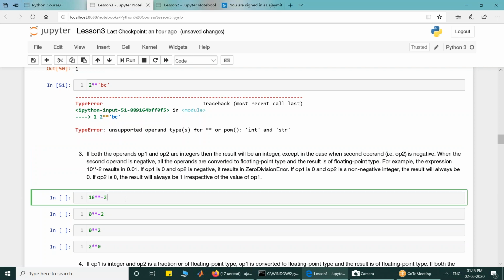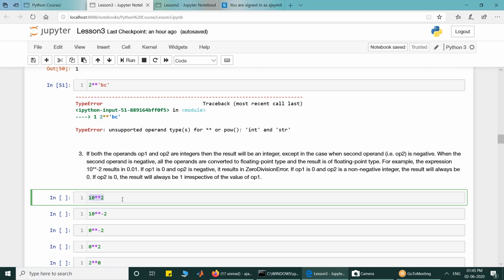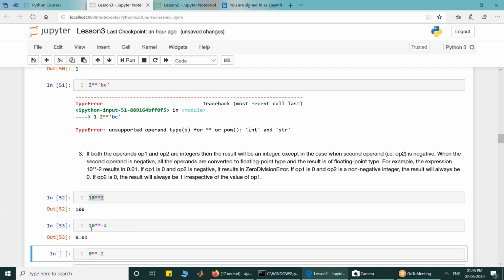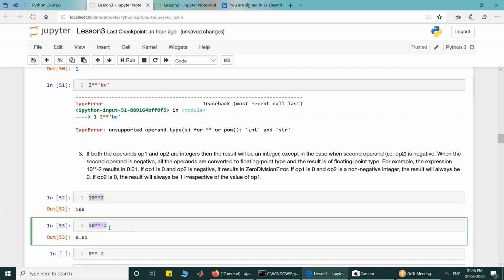Now both the operands of the power operator are integer. So if I do 10 star star 2, both the operands are integer, so the result that I am going to get is integer. But if the second operand is negative, then the first operand and the second operand will be converted to floating point type, and the result will be of floating point type.